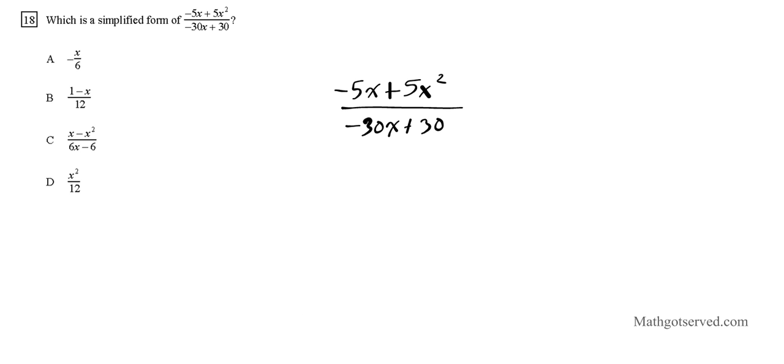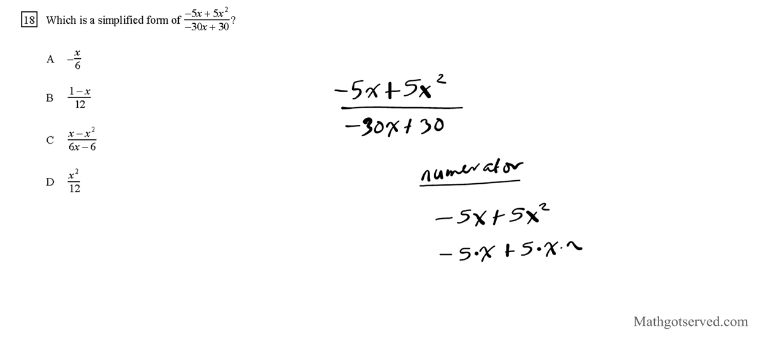So we have the numerator. The numerator is negative 5x plus 5x squared. Let's break that down. That's basically negative 5 times x plus 5 times x times x. So I can take out a 5 and also an x. Let me factor out the minus. If I factor out a minus, it's going to be minus 5x and then 1, and this sign changes to a negative, minus x.